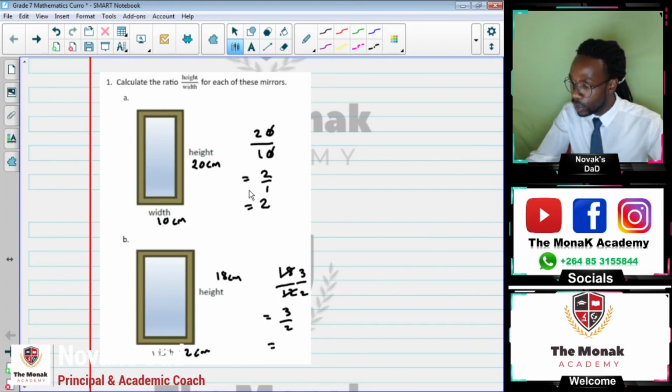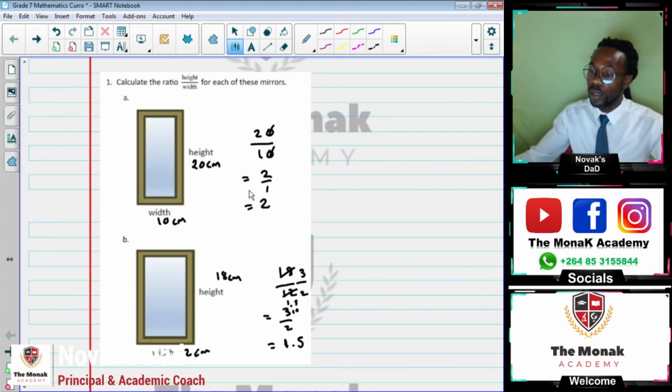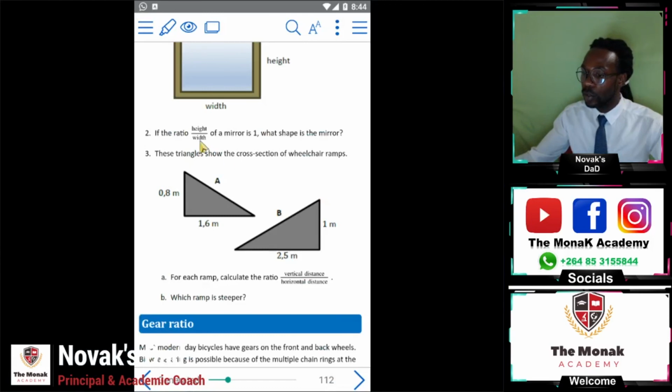We know 2 goes into 3, 1 point, remember 1 into 10, it's 5. So it's 1.5. That's the ratio. So if the numbers were given, this is how the answers would have been. So you do number 2 and 3.